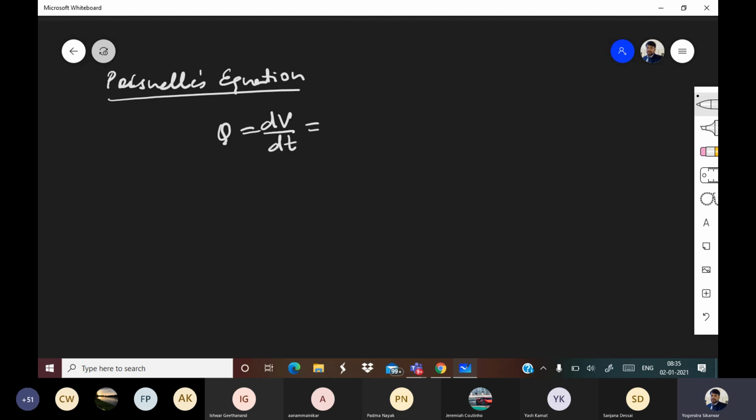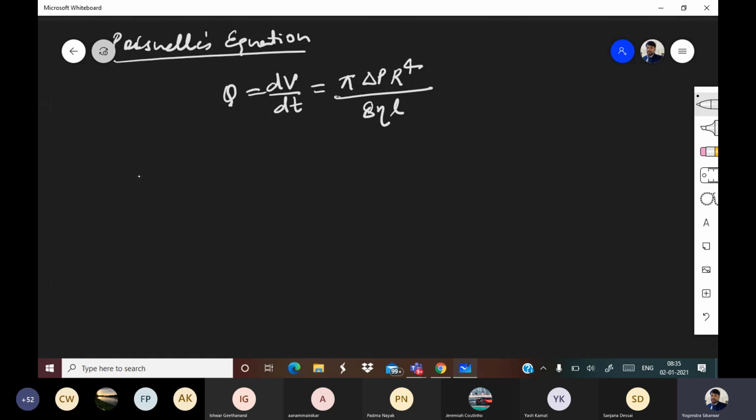And the value of it was pi delta P r to the power 4 upon 8 neta L. Okay, this was the formula. Q is equal to pi delta P r to the power 4 upon 8 neta L. So let us solve some questions based on that.